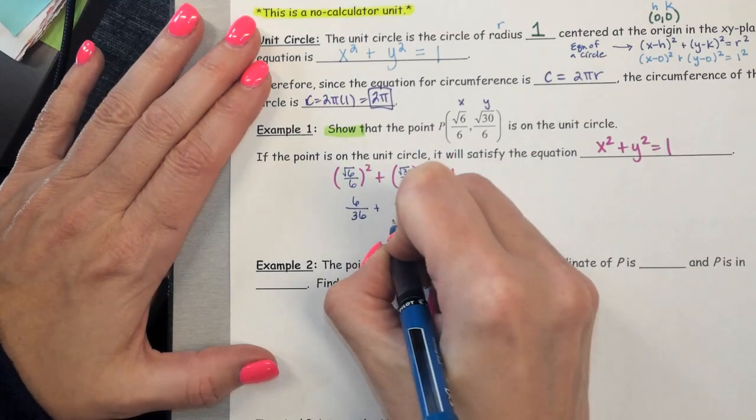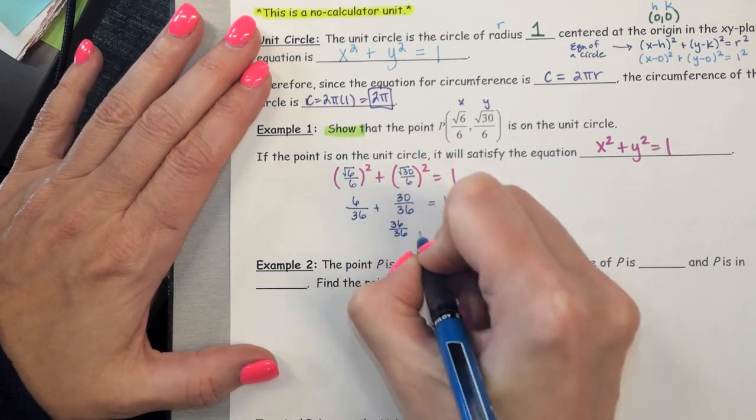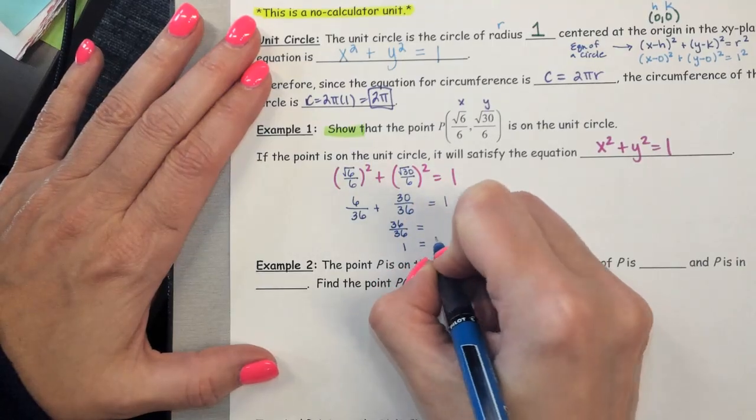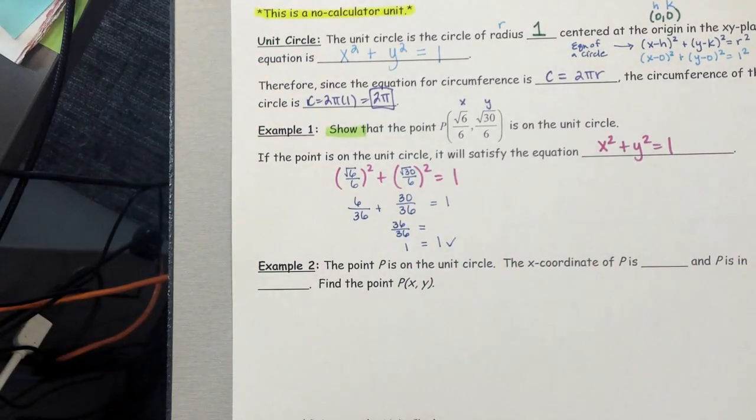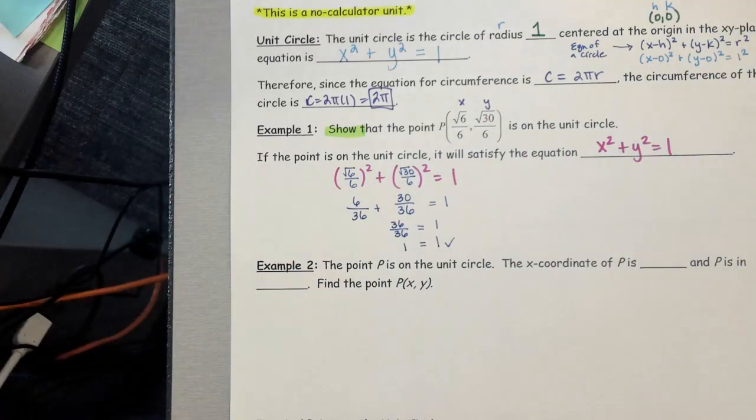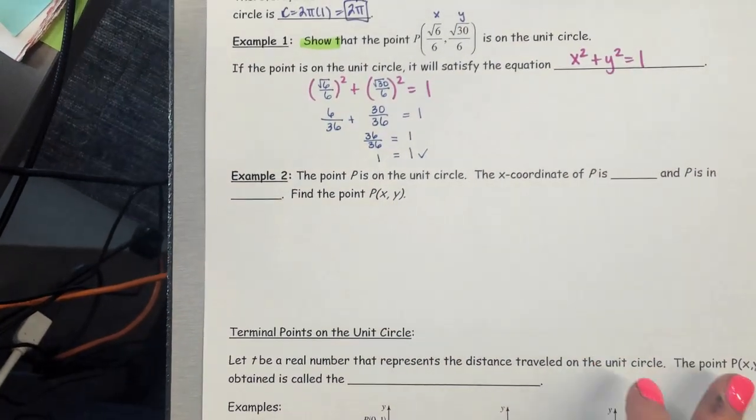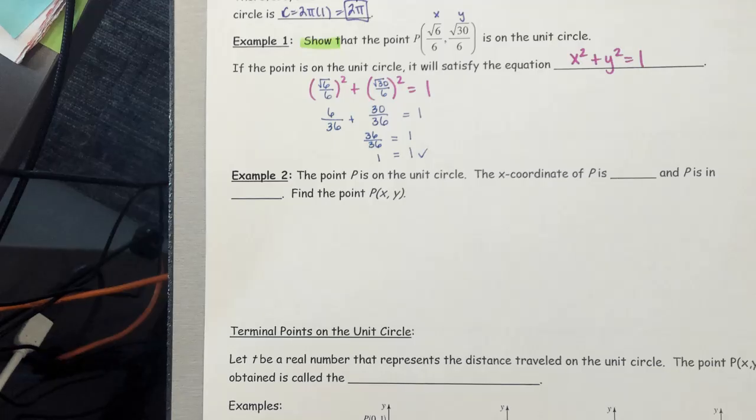Okay, so then you can just add 36 over 36 is going to be 1. Okay, so 1 is equal to 1. When you verify, that's all you have to do. You just have to show both sides are equal. Okay, you can only work with one side of the equation. So if it just says show it's on the unit circle, you will just be writing out a check.